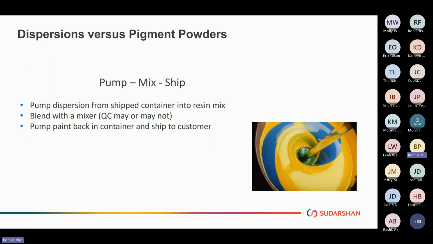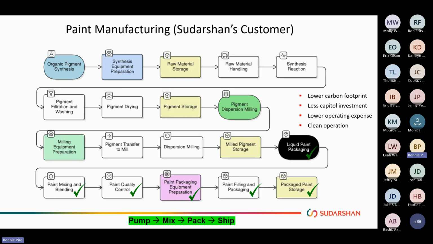So with a liquid dispersion or even the dry dispersion, it's really just a pump, mix, and ship type of application. That makes the system very efficient for your applications.